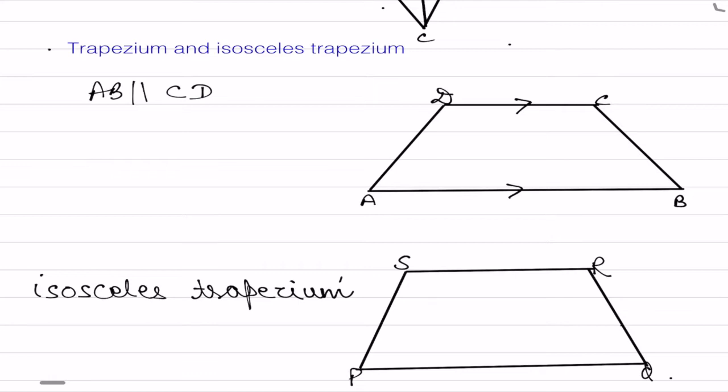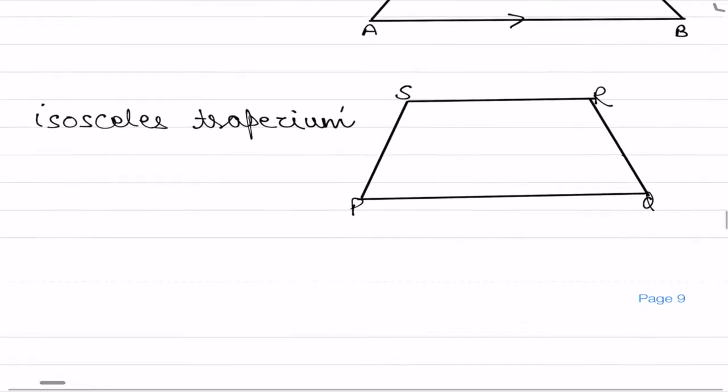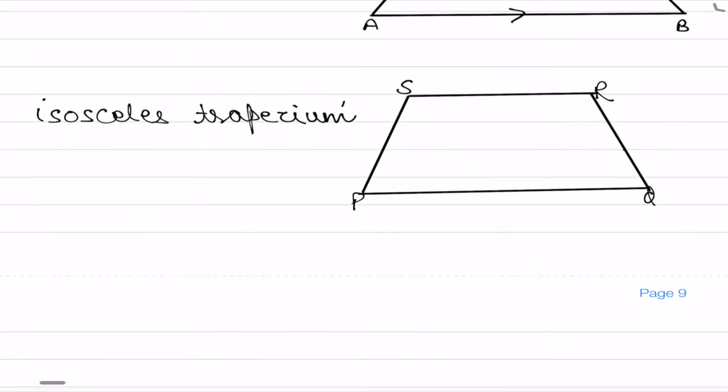And what is an isosceles trapezium? So an isosceles trapezium is the same, but if the non-parallel sides of a trapezium are equal, then it is known as an isosceles trapezium. So first, PQRS is a trapezium, which means one pair of opposite sides will be parallel and the other pair will be non-parallel.